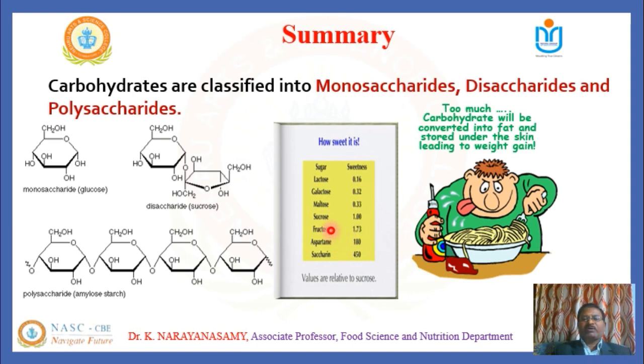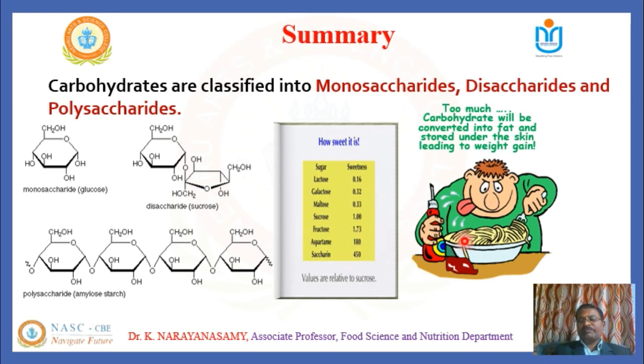Fructose is the sweetest sugar, having the highest value of 1.73. Then aspartame is an artificial sugar with 180, and saccharin is the highest artificial sugar, used for diabetic patients, at 450. But among natural sugars, fructose has the highest value.